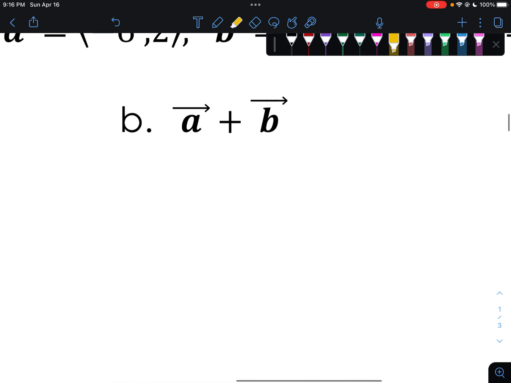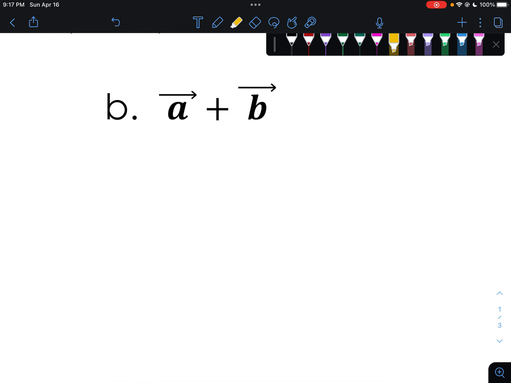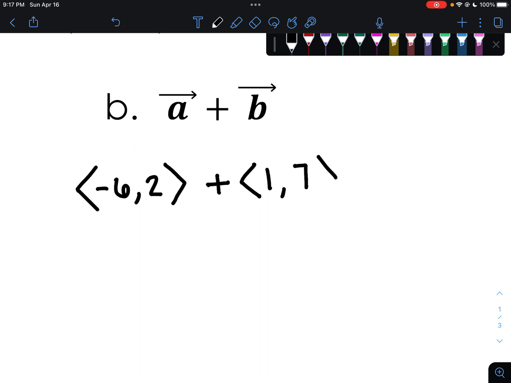Looking at B, we want to add vector A to vector B. So vector A is <-6, 2>, and we're adding <1, 7> to it.